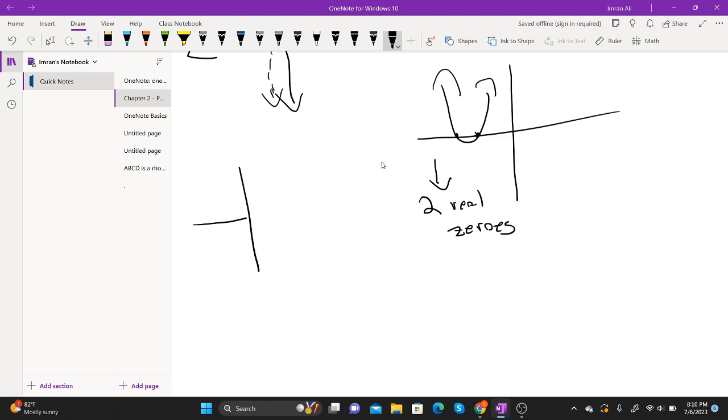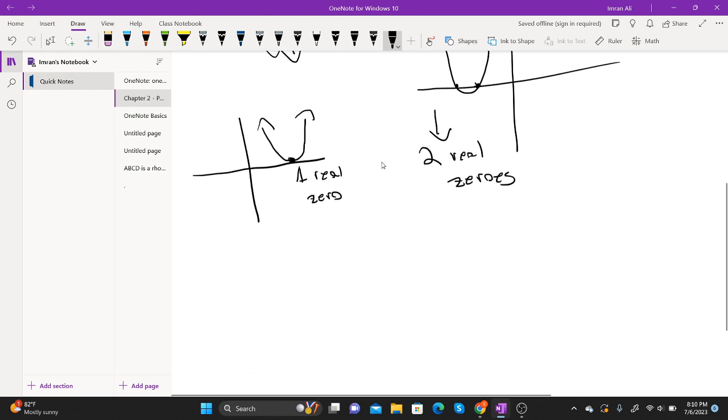Case number 2 is if you have a parabola tangent to the x-axis. This means you have 1 real zero at that point. This also happens to be, most of the time, the vertex.